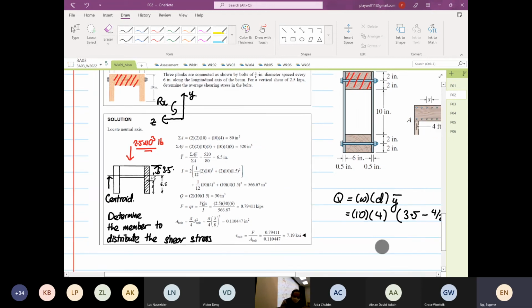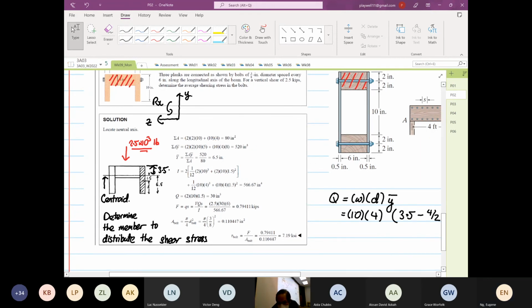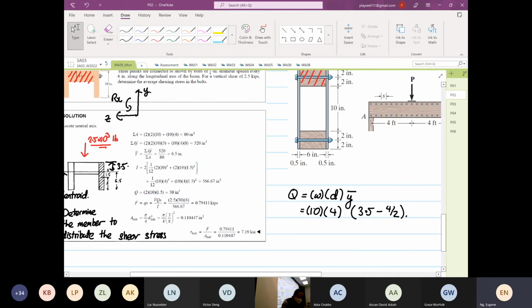So from here, for the full member. The question asked by Jihan, in the case of longitudinal shear, we must always calculate Q for the full member. And that is correct. Always calculate for the full member. So for this case, you'll get 3.5 minus 2 times 4 times 10.